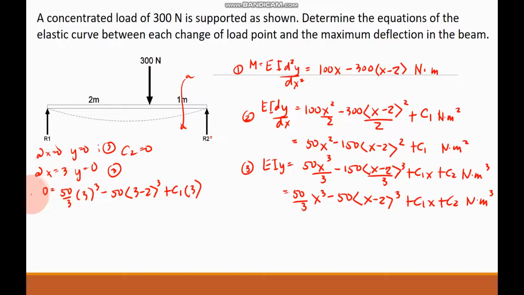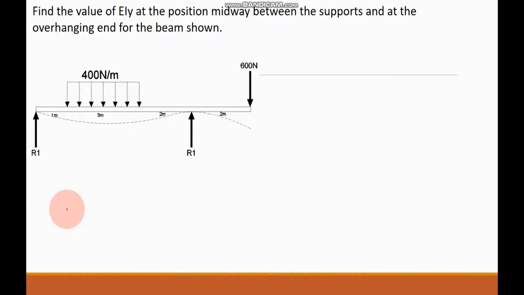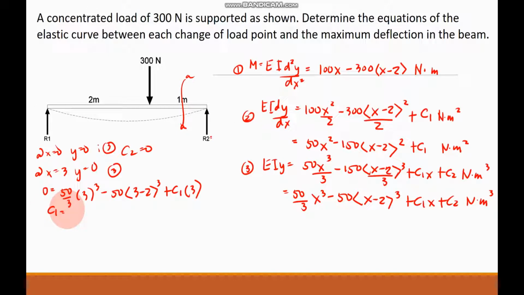C2 is 0, by the way. So C1 would now be equal to negative 133.33. The problem is asking for the equation of the elastic curve.